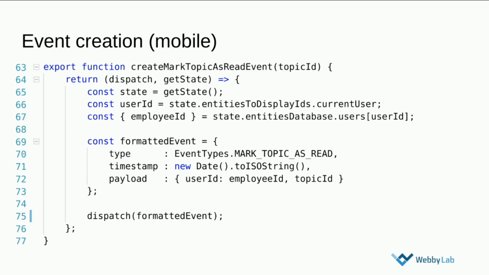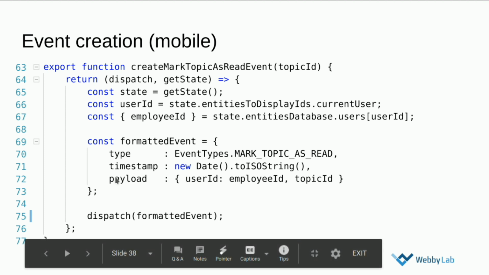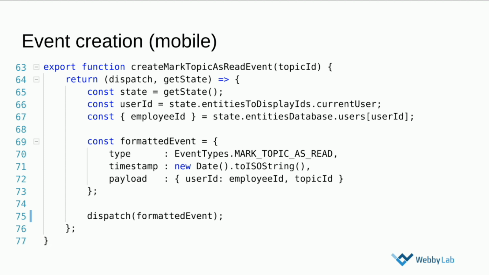Here is an example of an event when a user clicks on a topic: the event marks topics as read. It's a standard event. As usual, we have a type here, but we've added a timestamp, and we have a payload. So all of the events have the same shape: type, timestamp, and payload.